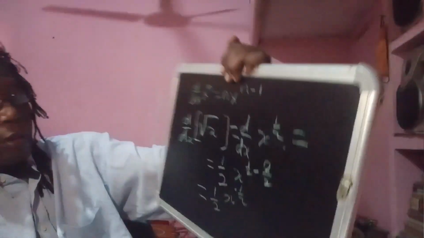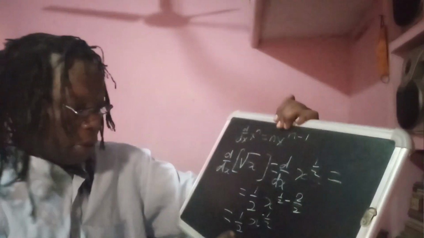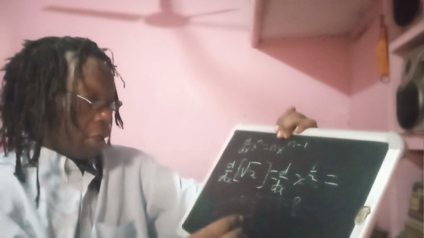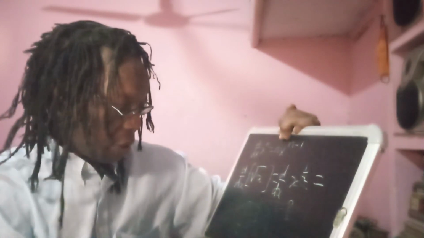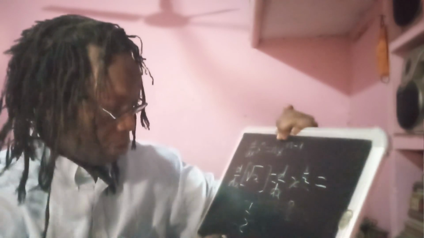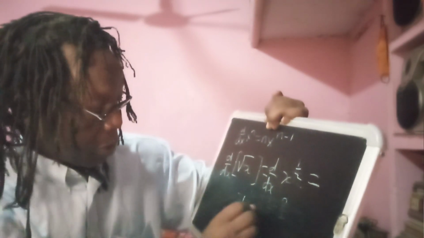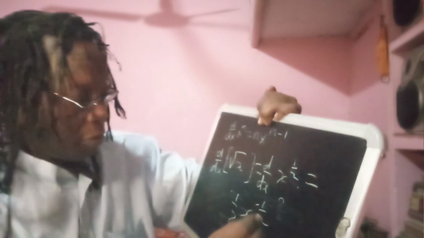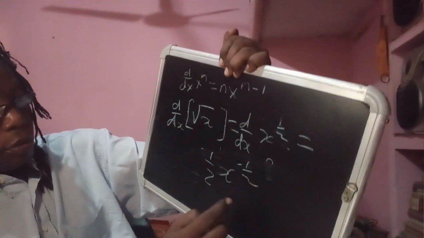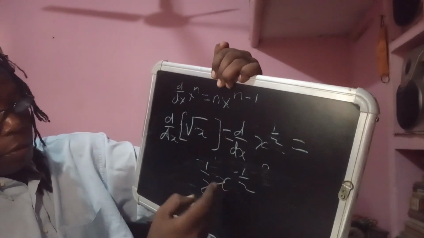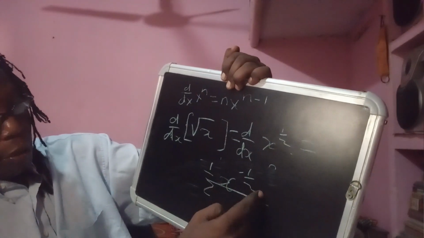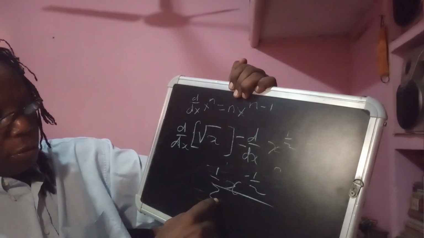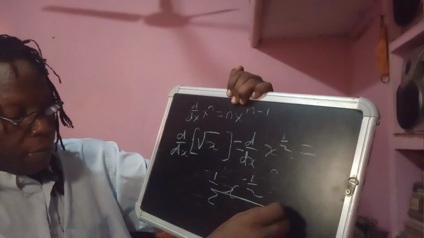Okay, once you get this value according to the power rule, I think I have to wrap it. So we have a half times x to the minus a half, this one. So you can actually do it like this: the minus is up here and the 2 is now below, so you can bring this down.